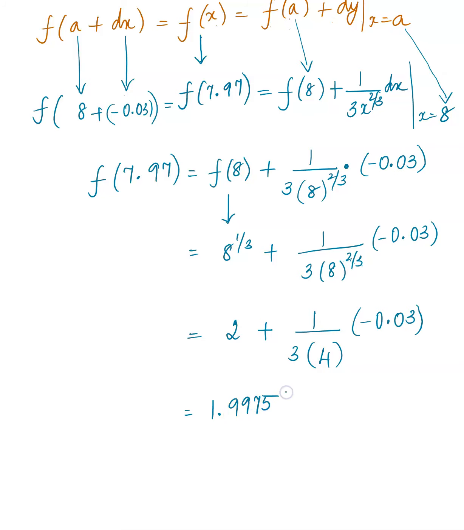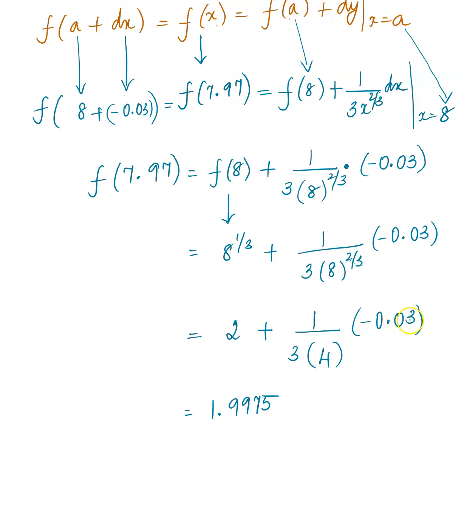1.9975. Now, I want you to understand that this idea was a breakthrough, especially during the age where there was no calculator that computed things so quickly. So there had to be a way for them to compute things much more simply. This might seem complicated to us. Oh, how do I divide 0.03? Actually, it's not so bad, okay?